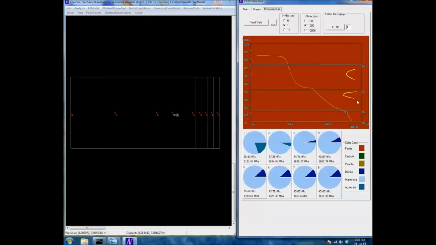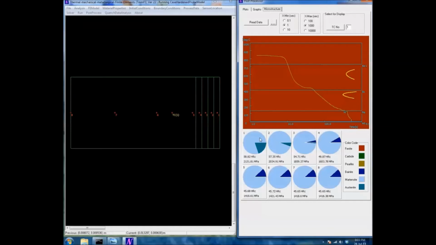The 2 curves that you see here are a part of the TTT diagram. Now at the surface, the cooling has been so fast that it has missed the nose portion of the TTT diagram.